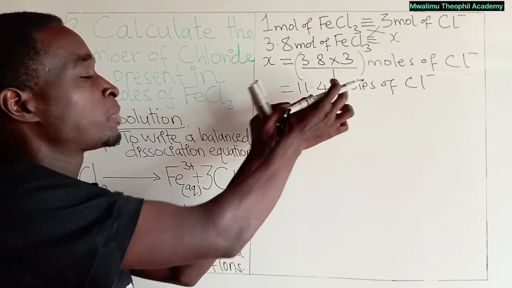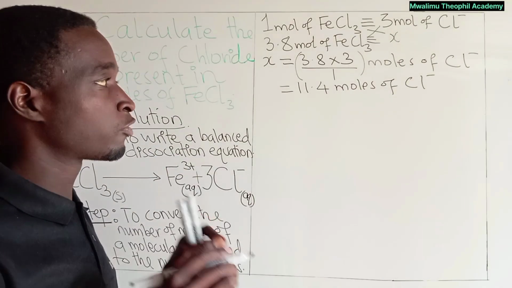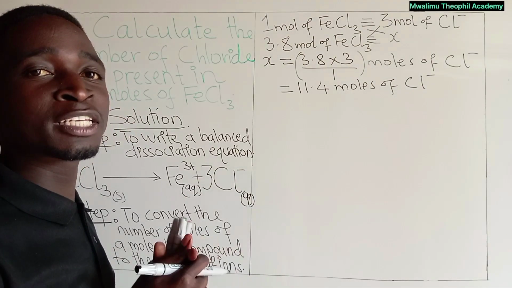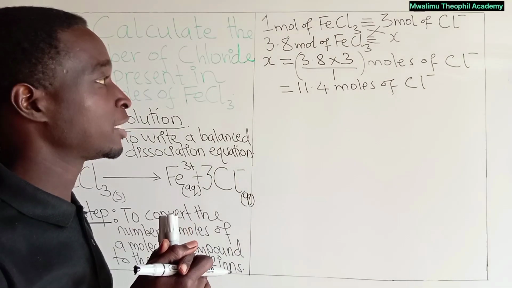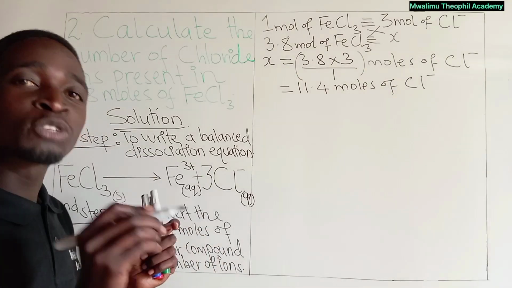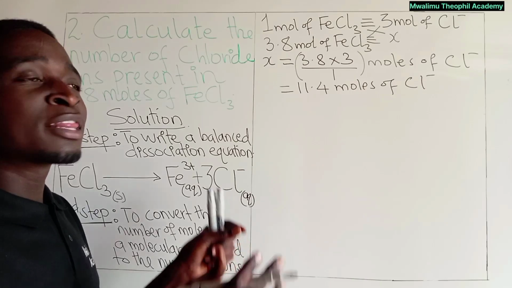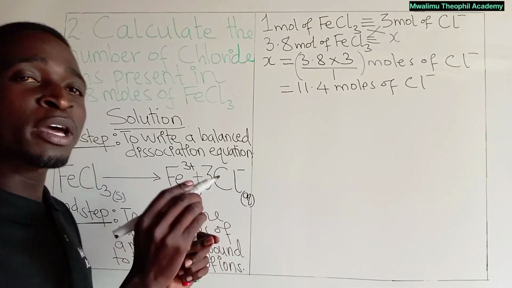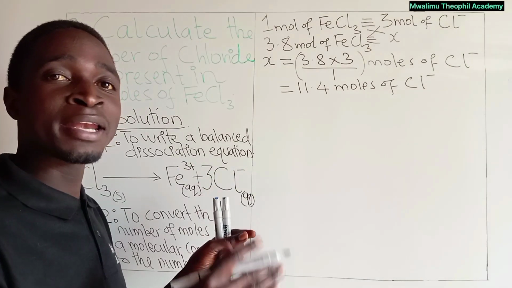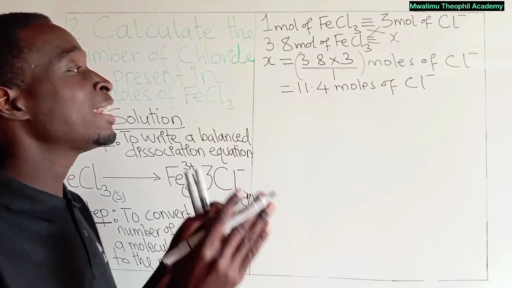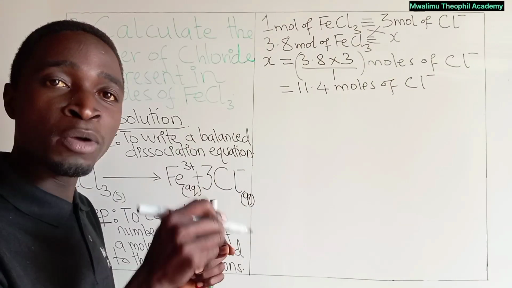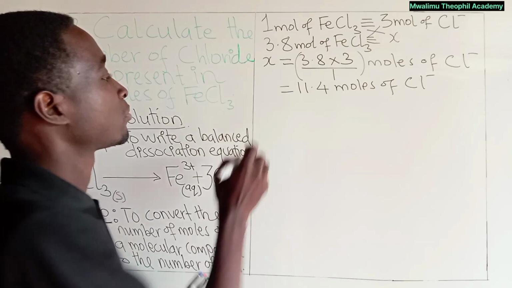Now we have obtained the number of moles of chloride ion in 3.8 moles of iron 3 chloride. But we are required to calculate the number of chloride ions and not the number of moles. So the next step here is to calculate the number of chloride ions present in the obtained number of moles of chloride ion.